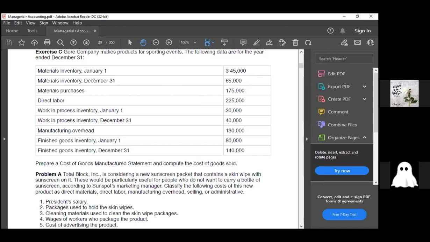So we will look at our cost statement. And we see in the cost statement, raw material inventory, start of period. So we'll create something similar for our problem.